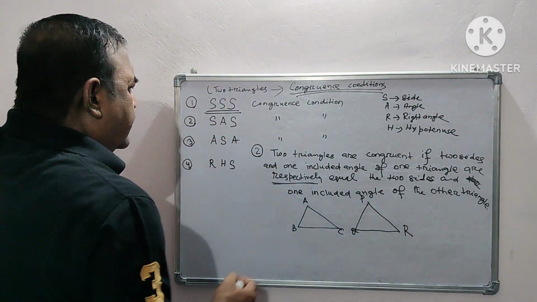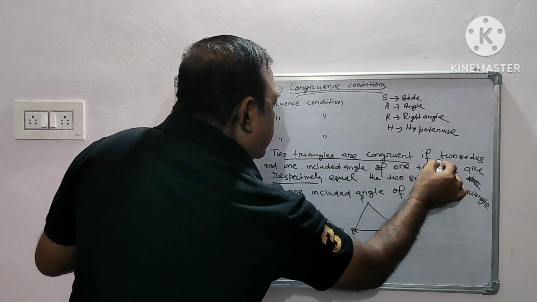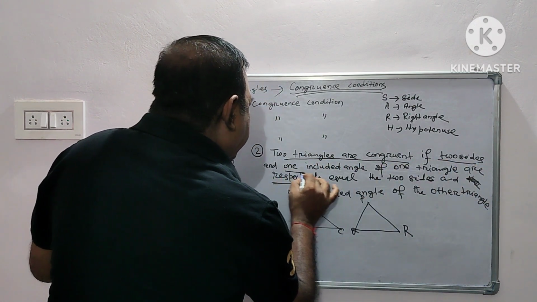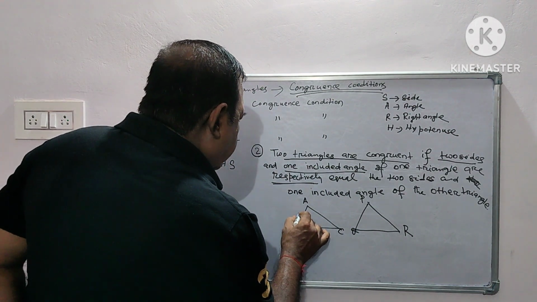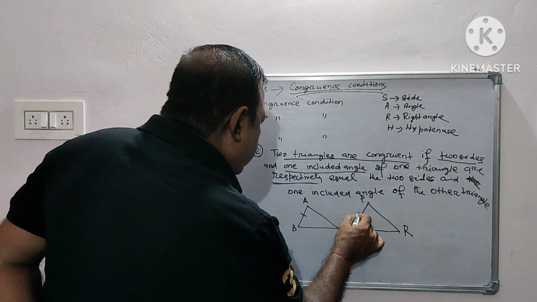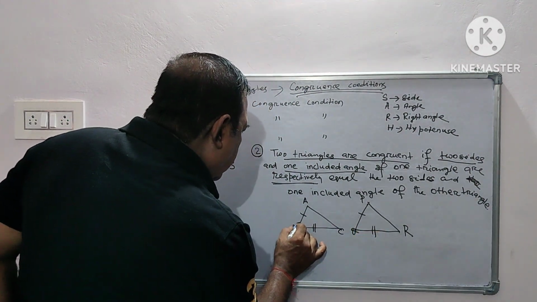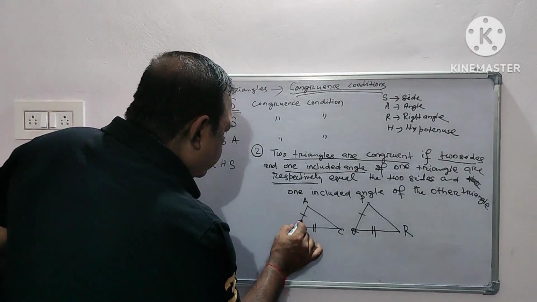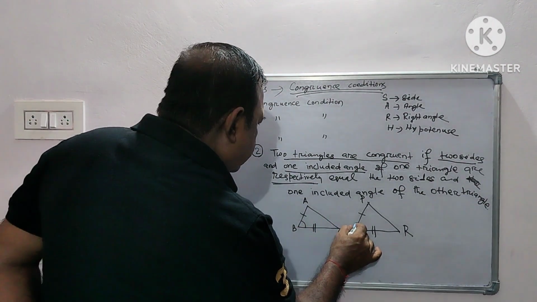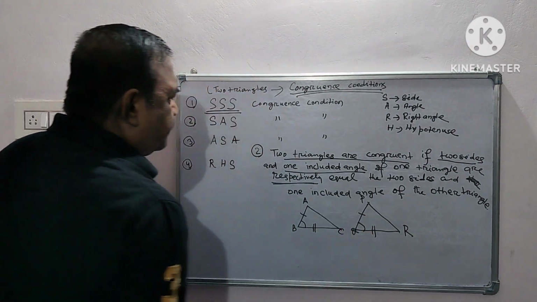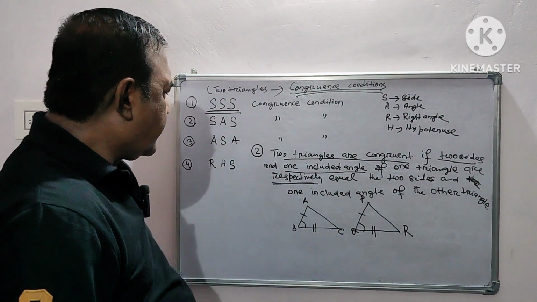Here two triangles are congruent when two sides and one included angle are equal. Suppose the length of this side is equal to the length of this side, and the length of this side is equal to the length of this side. Then this angle is equal to this angle, the measure of this angle is equal to the measure of this angle.